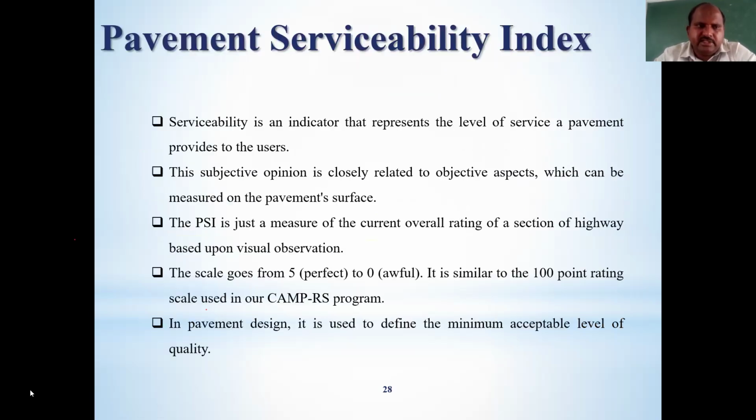So the next one is pavement serviceability index. The serviceability is an indicator that represents the level of service of the pavement provided to the user. So it is subjective opinion, but it is closely related to objective aspects which can be measured on the pavement surface.